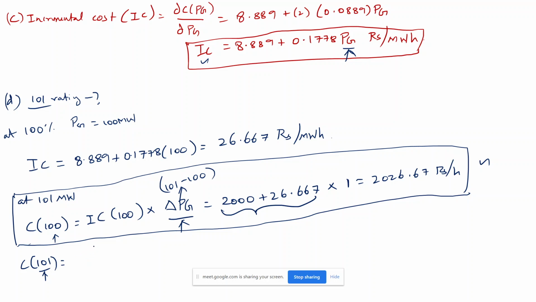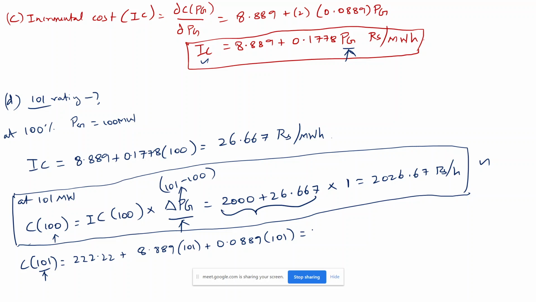Here I am just applying the normal equation as we already followed. So A is 222.22 plus B, which is 8.889, with PG. PG is here 101. Plus C, which is 0.0889, and PG is 101.